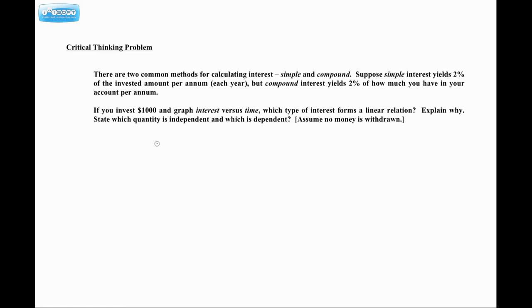So time is independent, which I'll represent with T. Which means the interest earned, which I'll represent with a capital I, depends on time, so that is the dependent variable. So there we go.